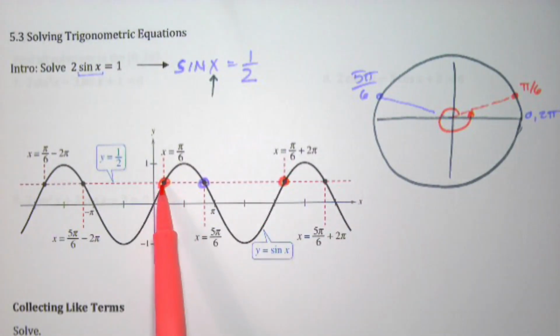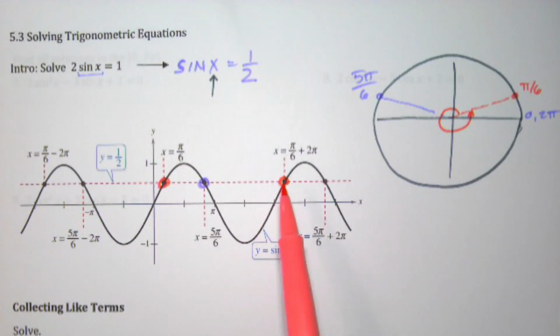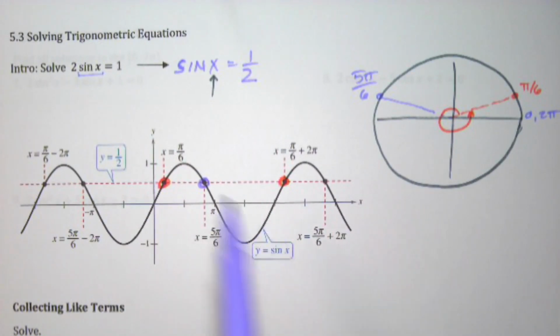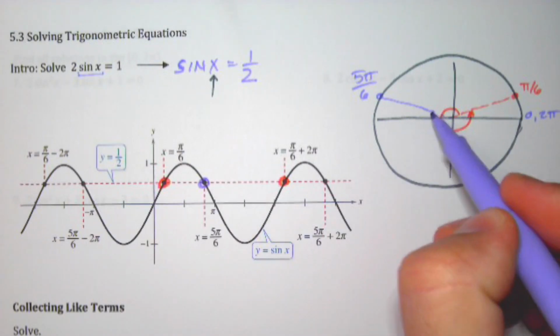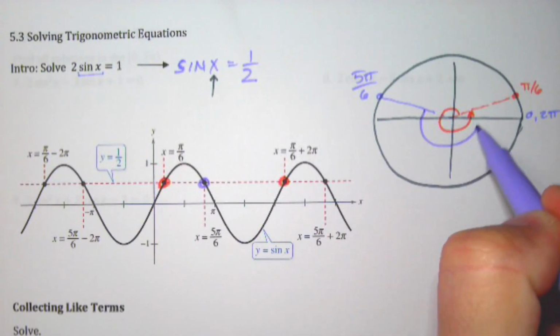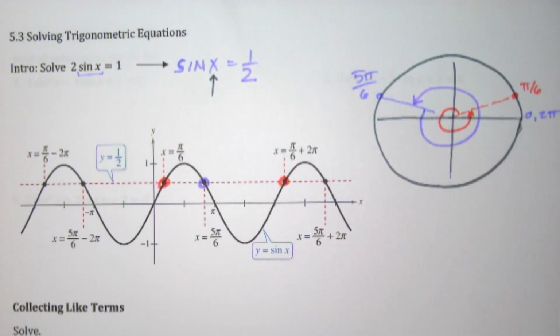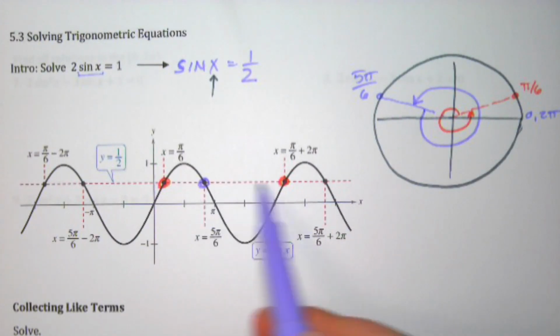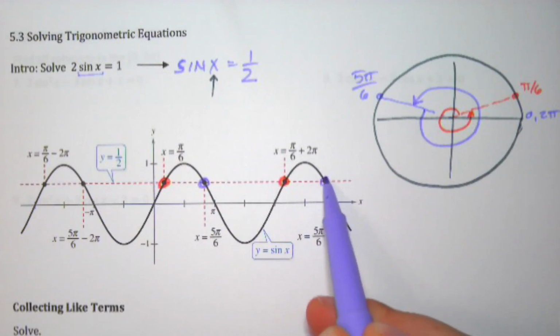So from pi over 6, if you add 2 pi, you're going to get another answer. Equally, if we were at that 5 pi over 6 and we add one full rotation to it, we end up on that same terminal side. The sine is still going to be 1/2 after that whole period shift.